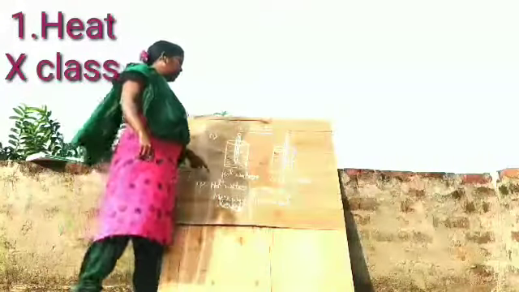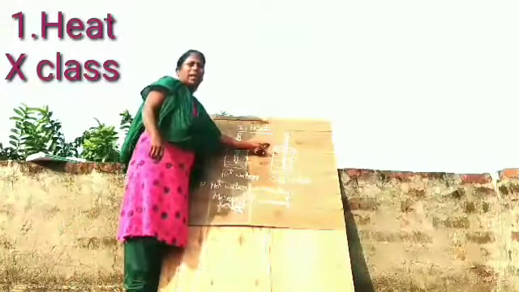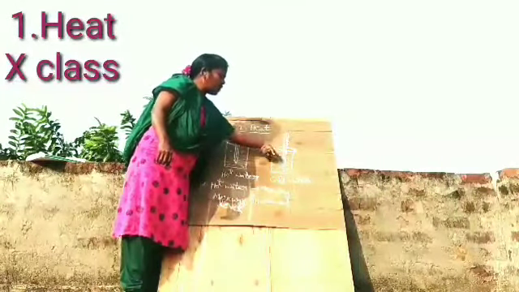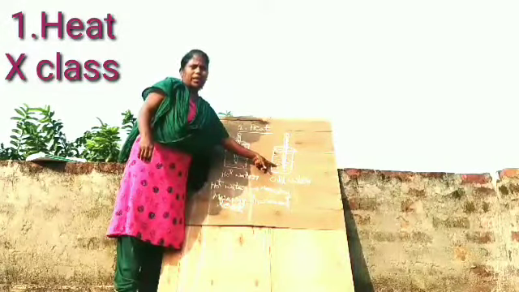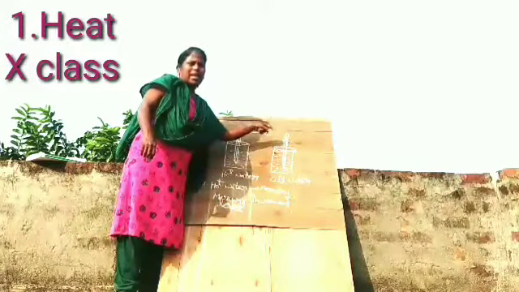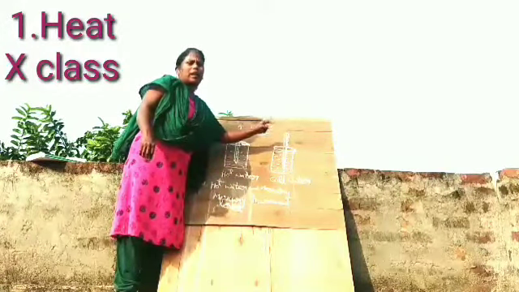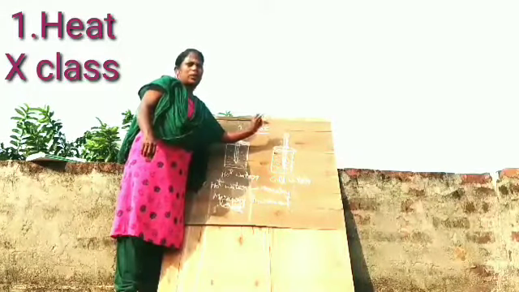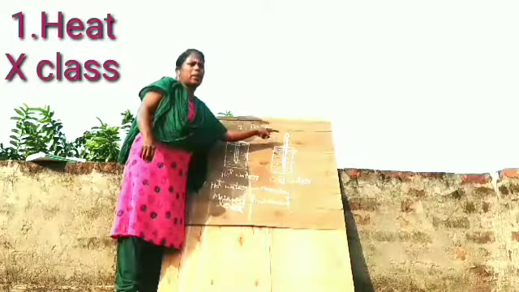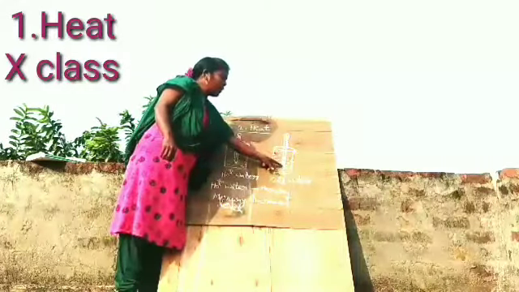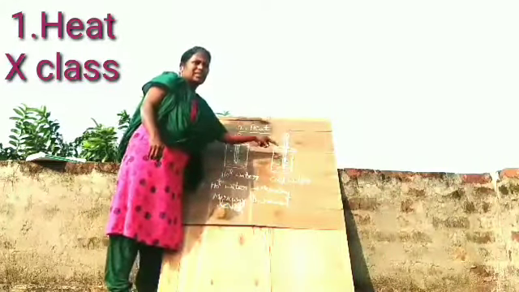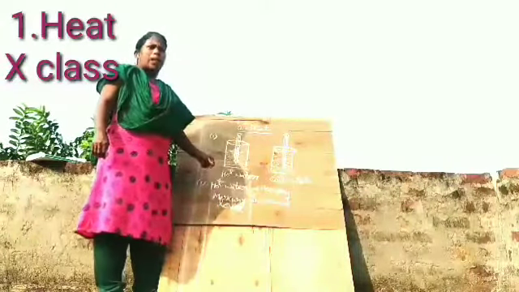In the second situation, in the same manner, when we place the thermometer inside the cold water, before placing it, we already noted the initial reading of the mercury level. The mercury level reading is high.